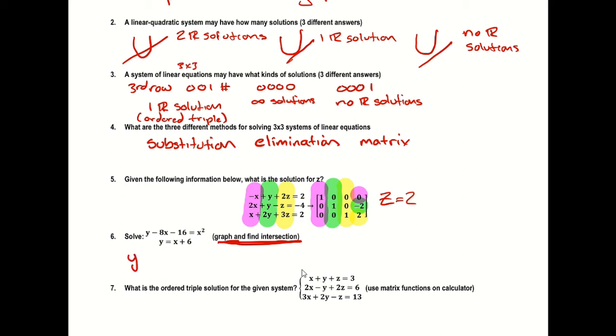I'm going to take the -8x and the -16x and move them to the other side of the equation, which gives me y equals x squared plus 8x plus 16. So I added 8x to both sides and I added 16 to both sides to move them over. And then my second equation was already in the proper form, y equals x plus 6.